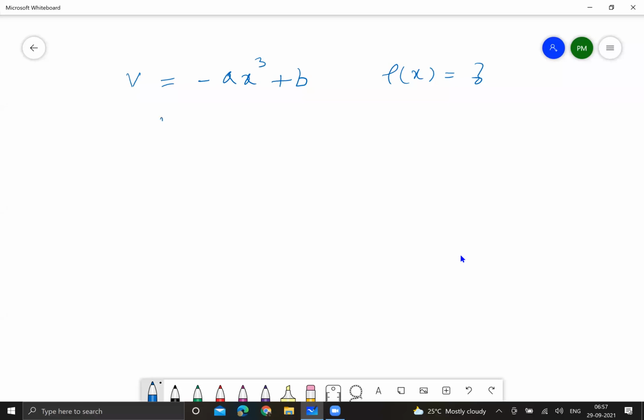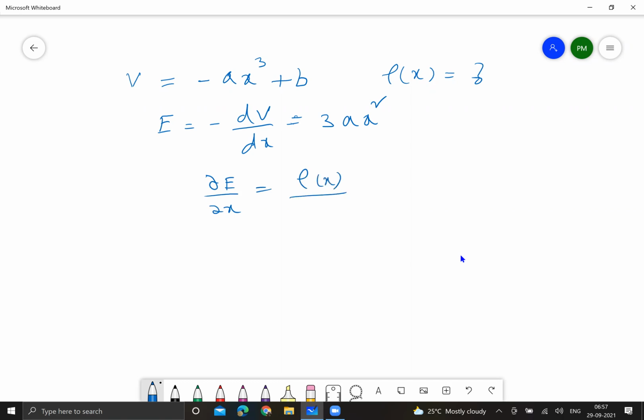See, first of all, E is equal to minus dV by dx. Simple concept only, instead of asking field, he asked the space charge density. Now, dou E by dou x, because it is only the function of x.